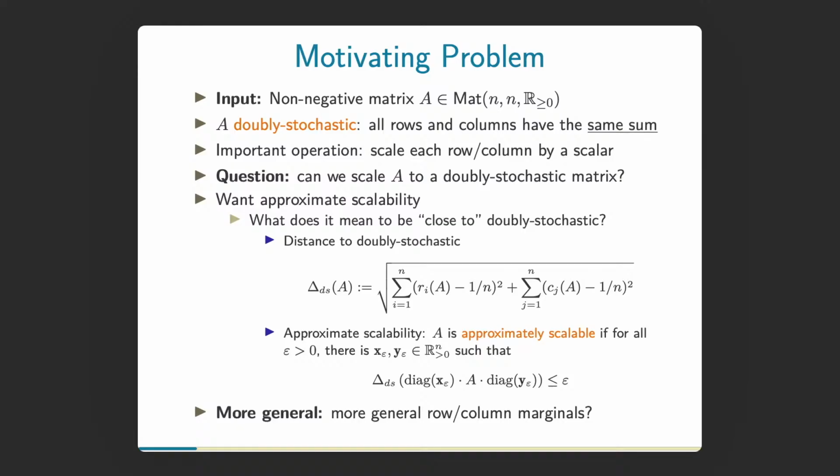If you think of the matrix as a probability distribution, like a joint distribution, the sums of the rows are going to be one marginal, and the sums of the columns are going to be another marginal. So if you're thinking in terms of probabilities, why do I want to have just uniform marginals? What if I want different marginals? And you can do that. You can definitely generalize this problem. There's nothing special about the 1 over n, 1 over n, okay?